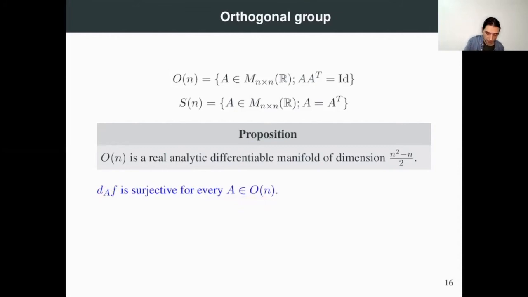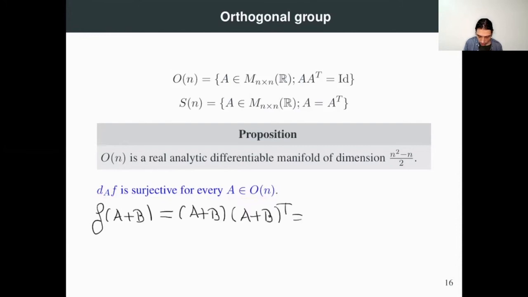Okay. But what we have is that if we consider F of A plus B, that's going to be (A plus B) times (A plus B) transposed, and this is (A plus B) times (A transpose plus B transpose).